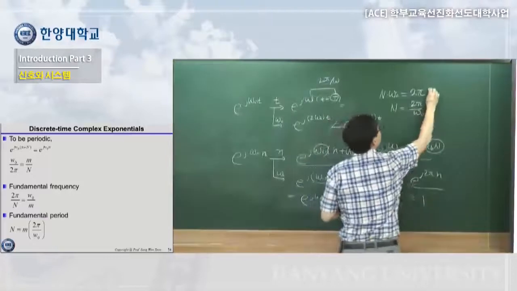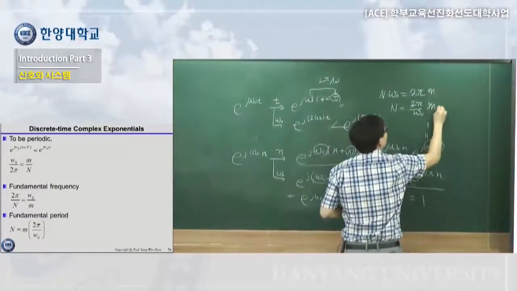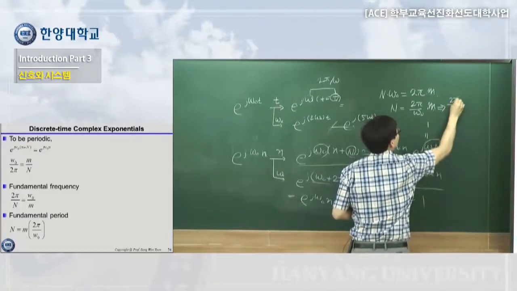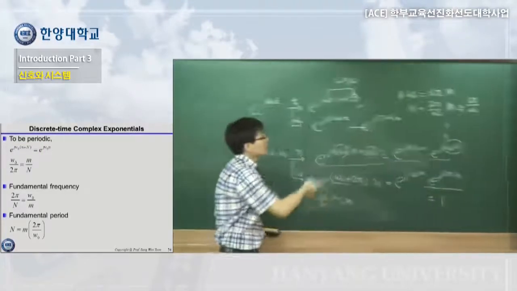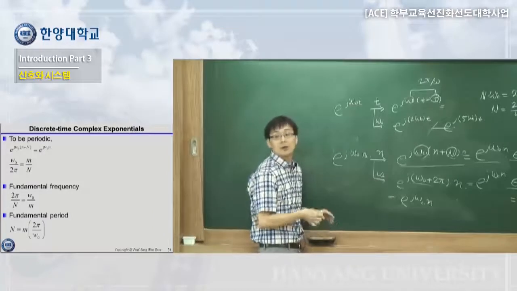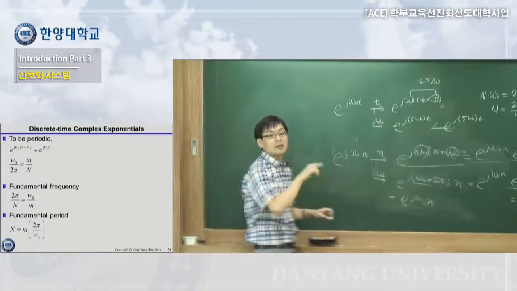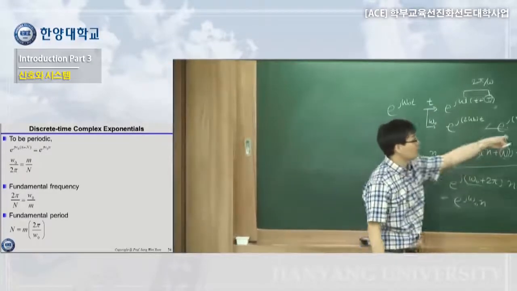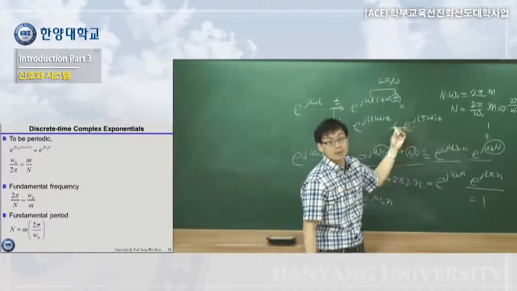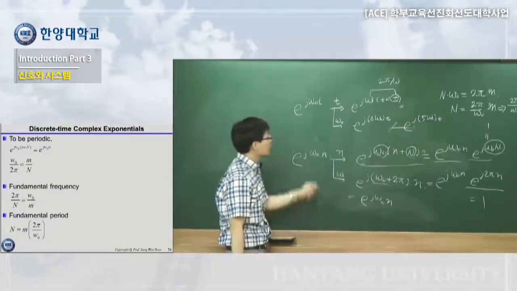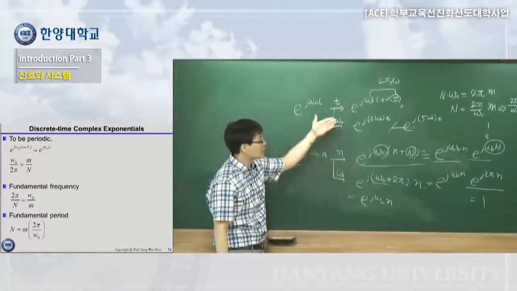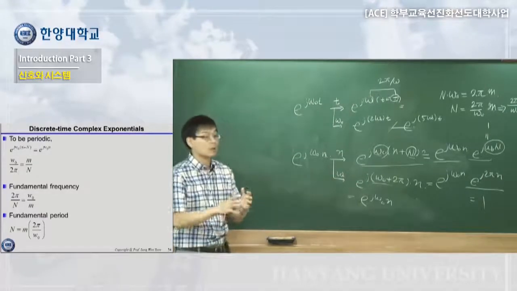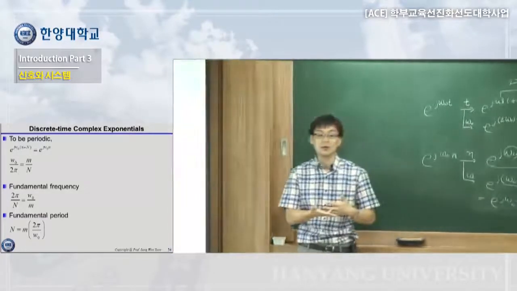So let's have m. And the period will be the smallest number of n, which should be 2 pi over omega 0. So this is the same as continuous time, right? In continuous time, our period is 2 pi divided by omega 0. So it's the same, even though in discrete time, the value itself is the same as continuous time. The difference here is, if you increase the frequency, the exponential in discrete time becomes periodic even frequency-wise.